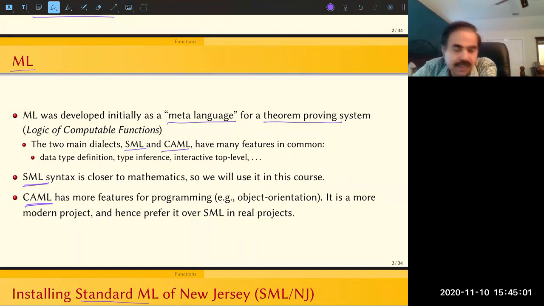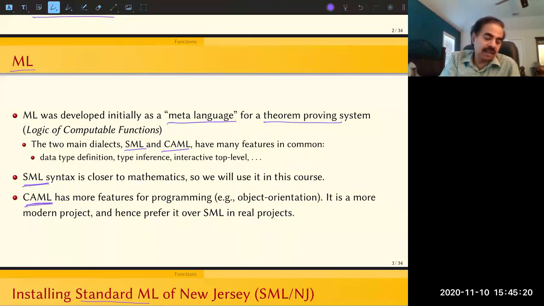And also because the system was developed somewhat later, in the late 90s and early 2000s, it is a language that is more robust and somewhat faster and so on. But the notation takes you farther away from math, and so we are going to really be sticking with standard ML because the syntax is so much simpler.